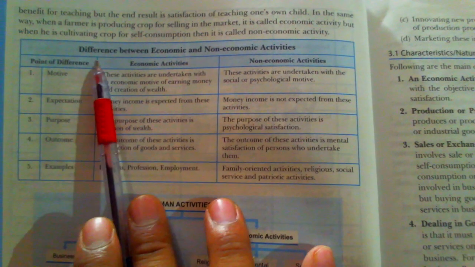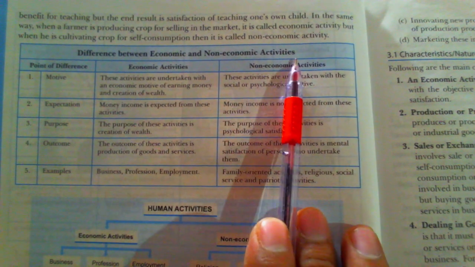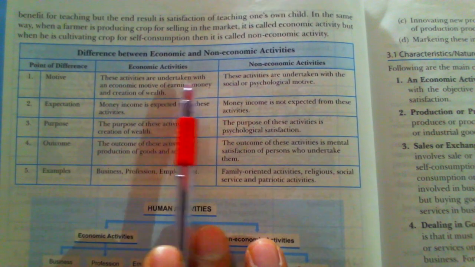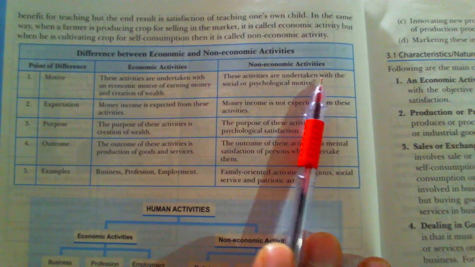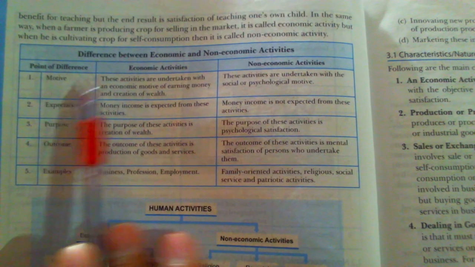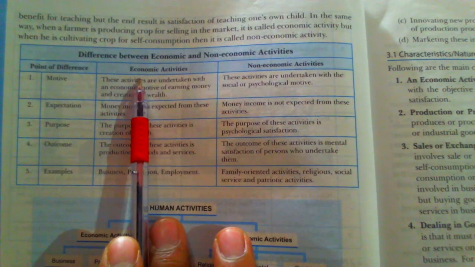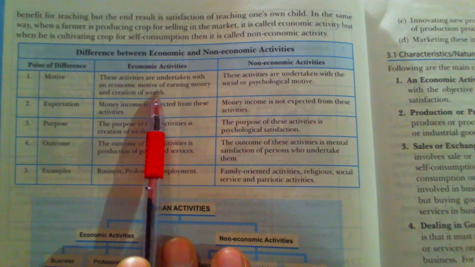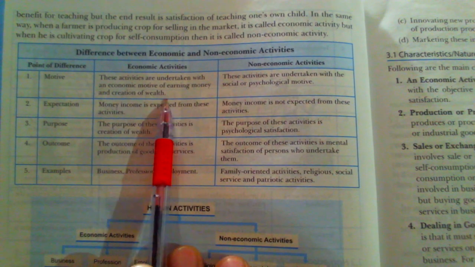So next, the differences between economic and non-economic activities. Points of difference. In terms of motive, the first difference: economic activities are undertaken with an economic motive of earning money and creation of wealth.